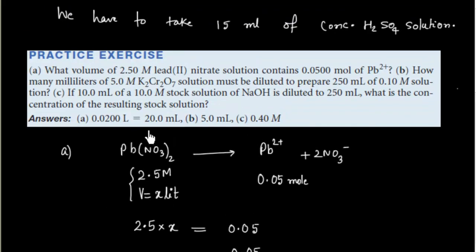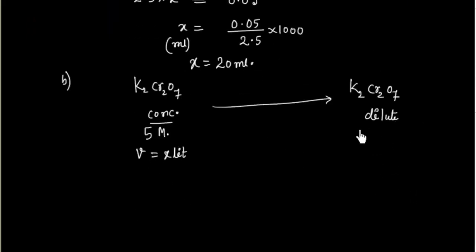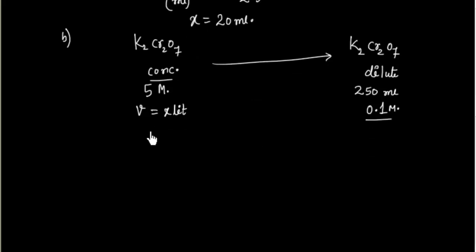Now K2Cr2O7 dilute is 250 ml, 0.1 M. So we have already said moles of K2Cr2O7 in concentrated solution is the same as moles of K2Cr2O7 in dilute solution. Moles here is 5 into x, and moles here we have 0.1 into 0.25, converting milliliter to liter.